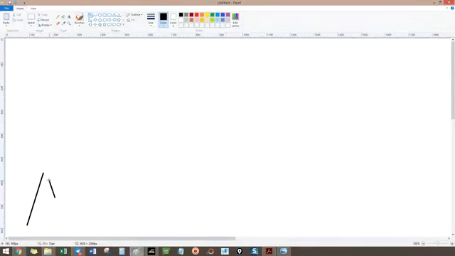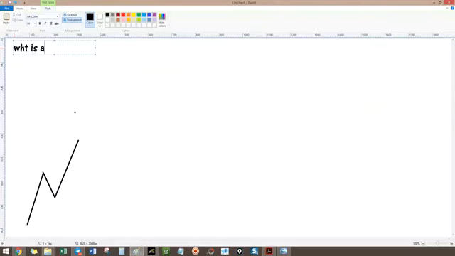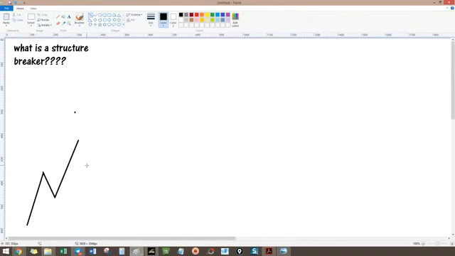Okay, you have something like this, like this, like this, right one over here, over here, over here. So the structure is an uptrend.